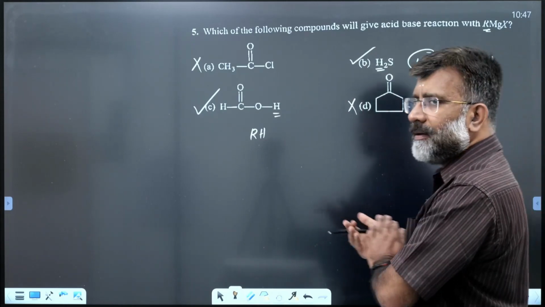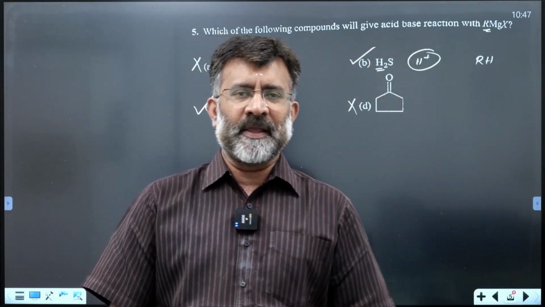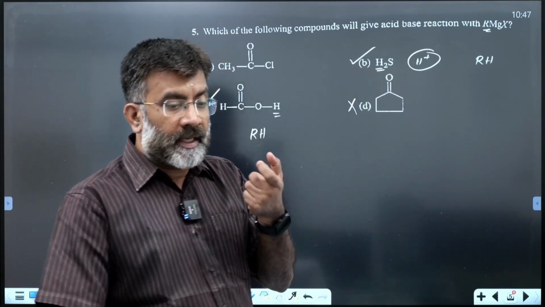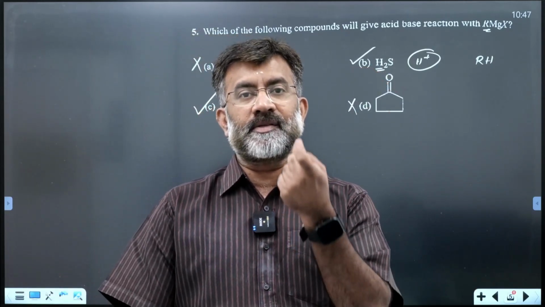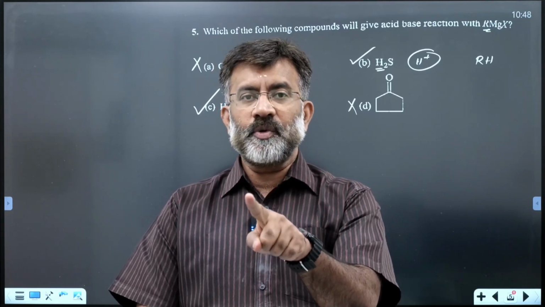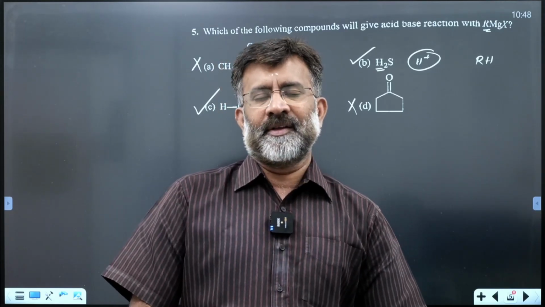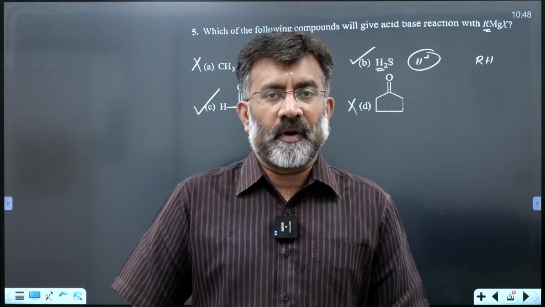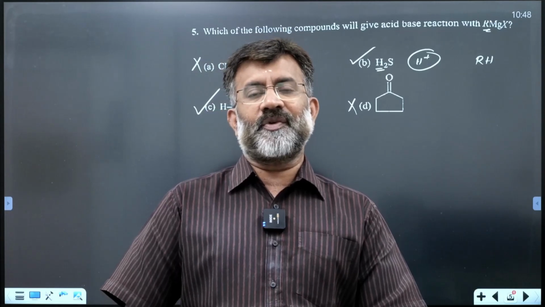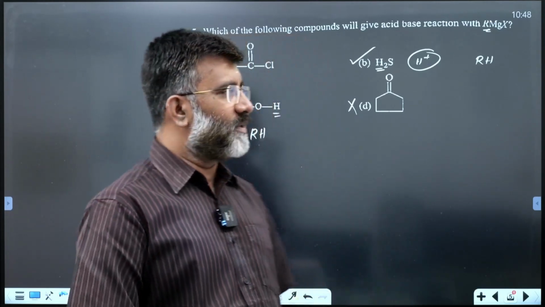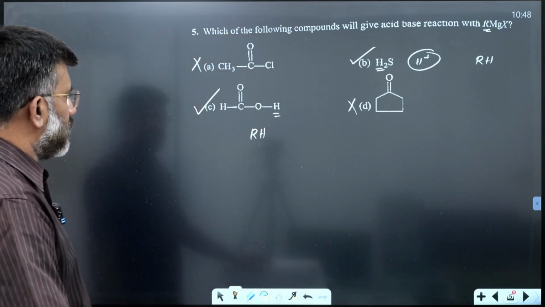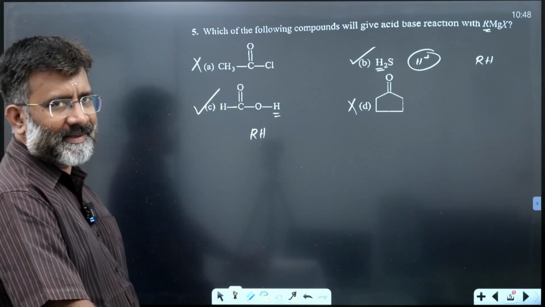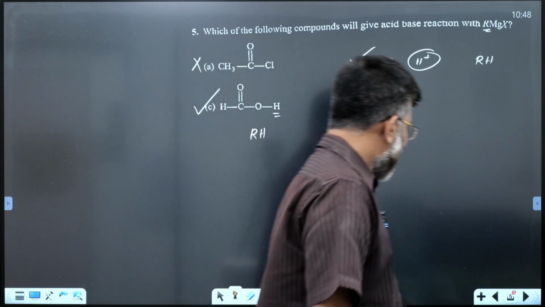So A and D will give addition reaction, while B and C will not. Even Grignard reagent is sensitive to water. H2S is more acidic than water, so H2S definitely will give acidic H plus, and that's going to be sensitive for Grignard reagent. There will be acid-base reaction converting to hydrocarbons. So B and C: C is formic acid, B is hydrosulfuric acid. Fine. Next.